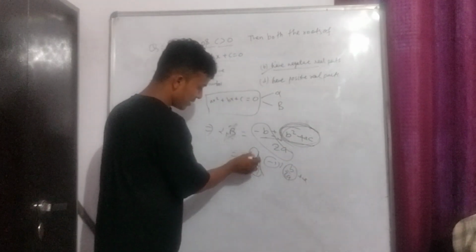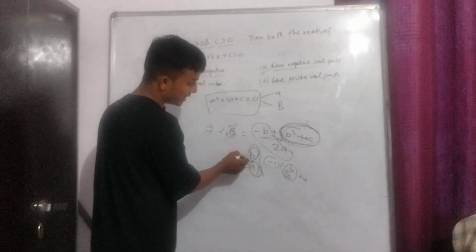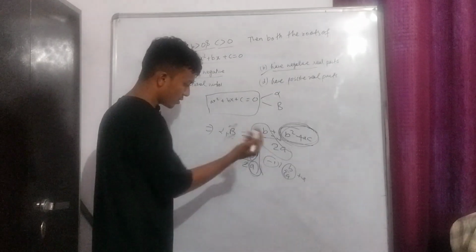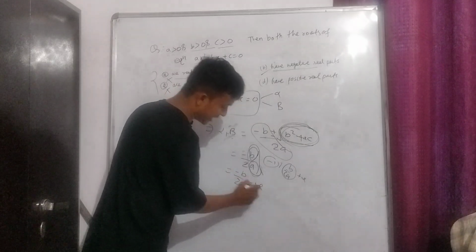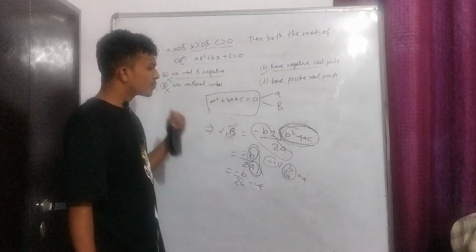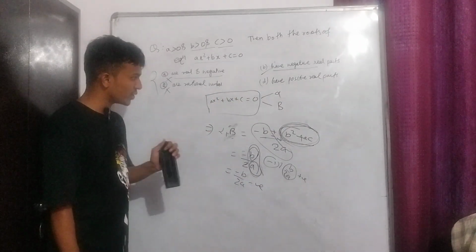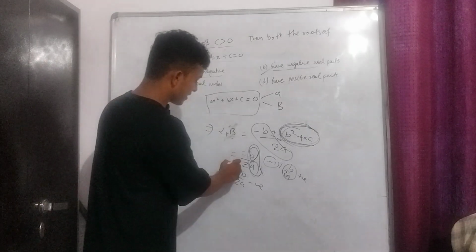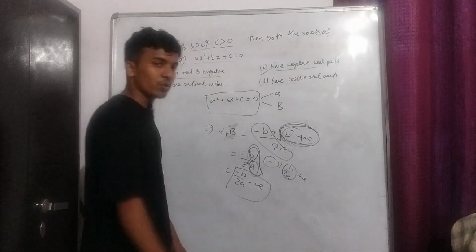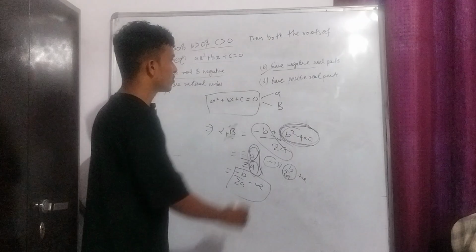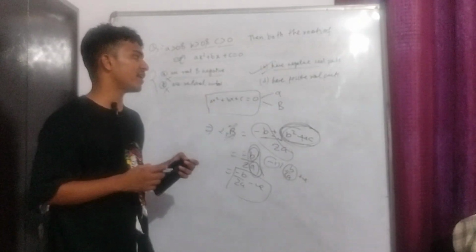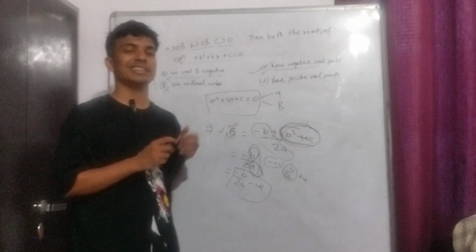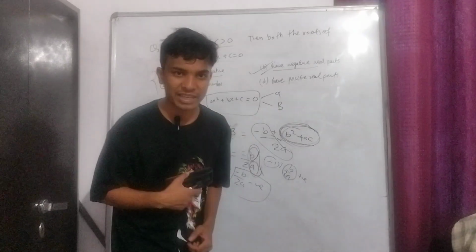What I am saying is that b by a will be positive and it is multiplied by a negative, so minus b by 2a is negative. From here what we can say for sure is that the real part, which is minus b by 2a, will be negative. So the second option will be the right answer, have negative real parts. Okay, that's from my end, and thank you for watching.